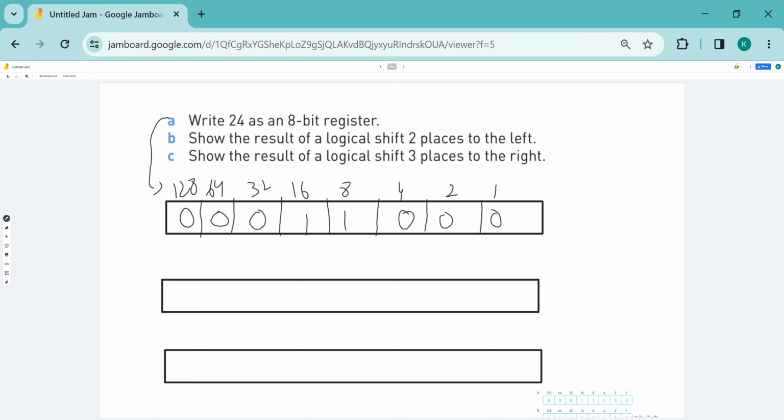Now, the question is saying to shift the number 2 places to the left. So we are going to shift this number 2 places to the left.